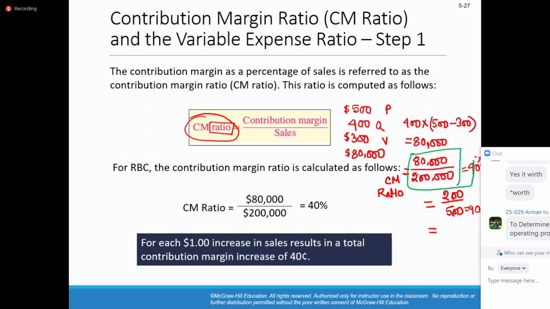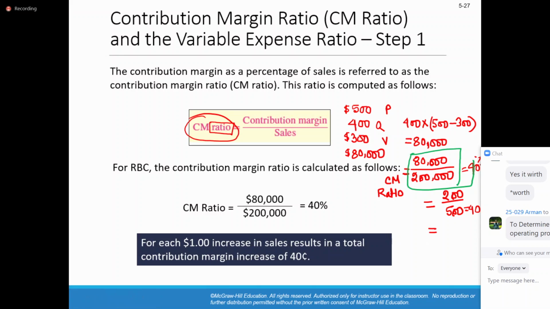Or for 1 taka of sales, I'm getting 0.4 taka or 40 paisa as contribution margin. Okay. If we want to express this number in terms of the incremental, I think it is the same. For 1 unit increase in sales, I will have 0.4 taka increase in contribution margin. Okay.